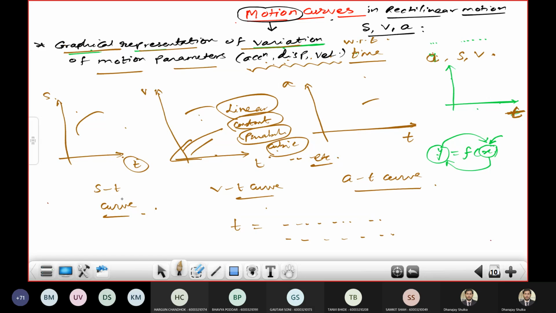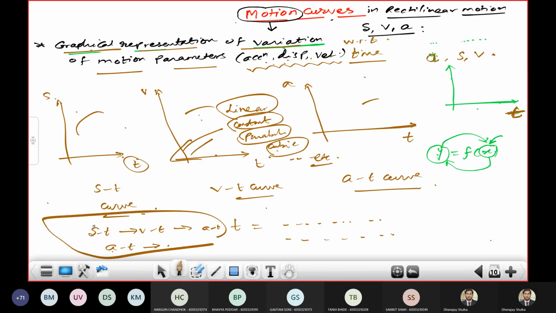Also, we are going to see if we know the ST curve, how to get the VT curve; if we know the VT curve, how to get the AT curve; and how to get the VT curve from the AT curve. We are going to see the straight method as well as the reverse method.